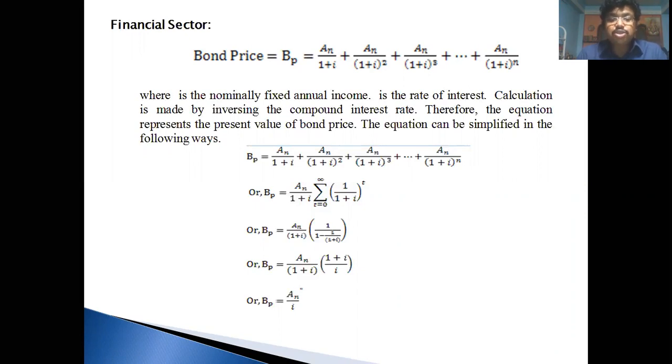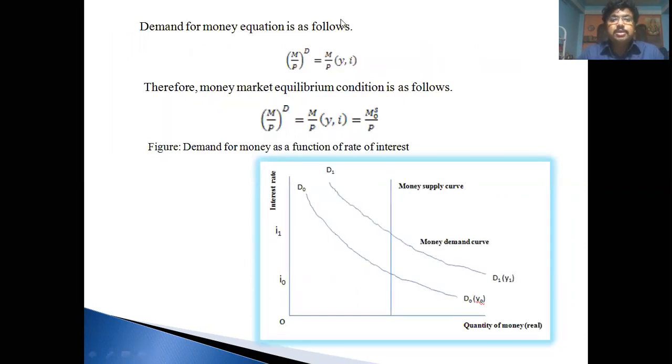So there is an inverse relationship between the bond price and the interest rate, and there is an inverse relationship between the speculative demand for money and the real interest. So look at this. The demand for money is a function of real income and the real interest. It is positively related with the real income, but negatively or inversely related with the interest rate.